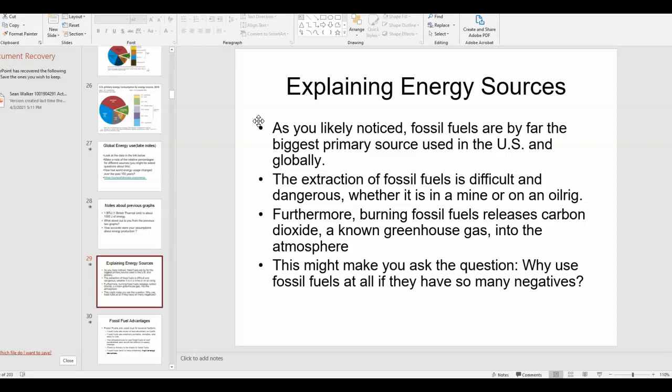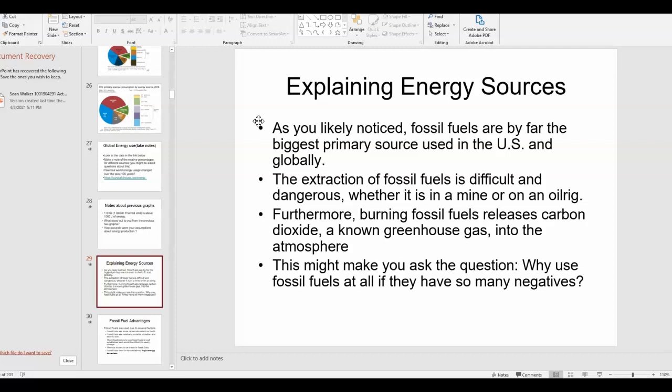The other thing about fossil fuels is that when you burn it, when you combust it, it releases carbon dioxide. And carbon dioxide is one of several gases that we'll talk about later called greenhouse gases. We'll spend more time talking about this throughout the unit, but basically a greenhouse gas is a gas that more or less traps heat in the earth.